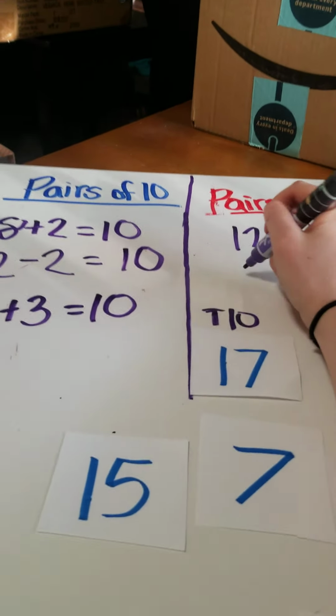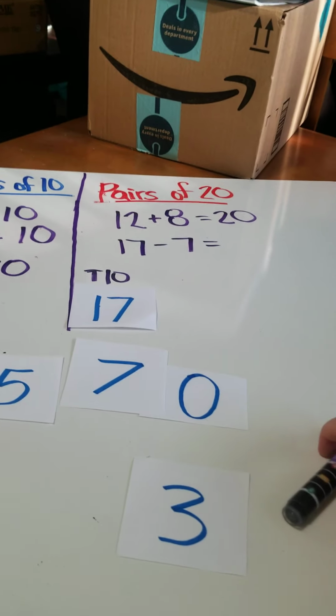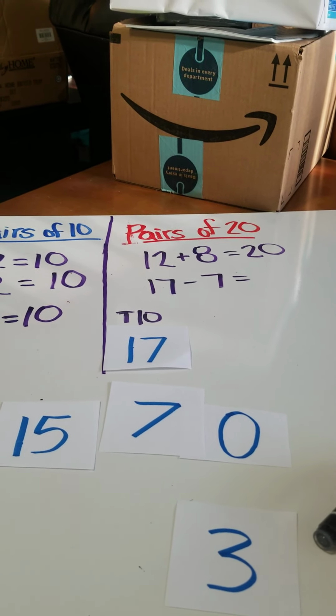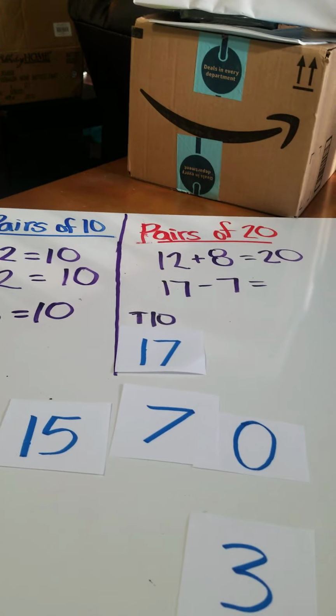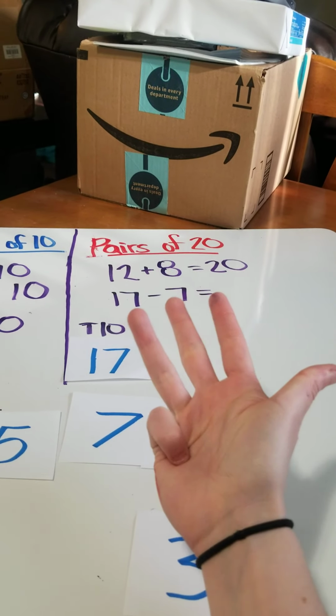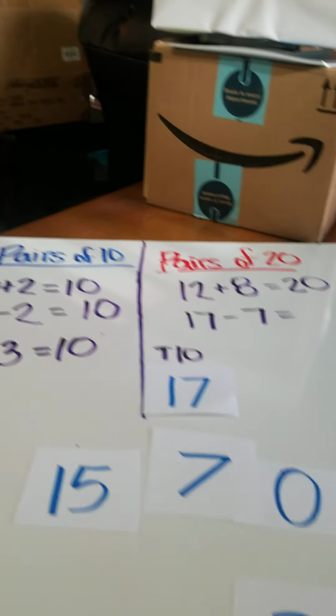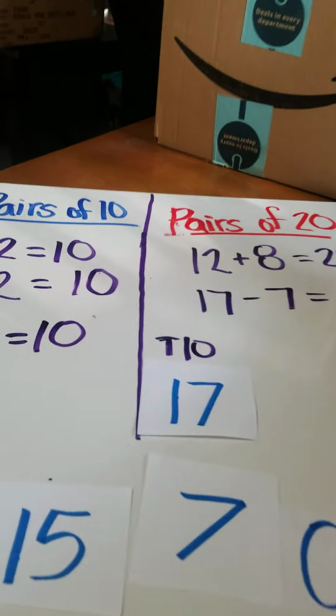What if I did 17 minus 7 equals, what does it equal? Well, let's start at 17 and count backwards. 16, 15, 14, 13, 12, 11, 10. So 17 minus 7 equals 10.